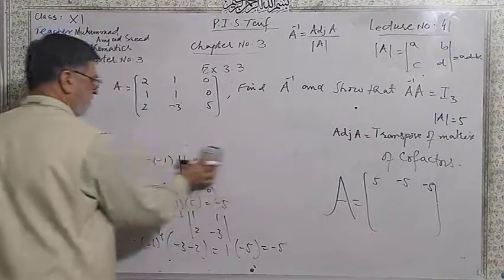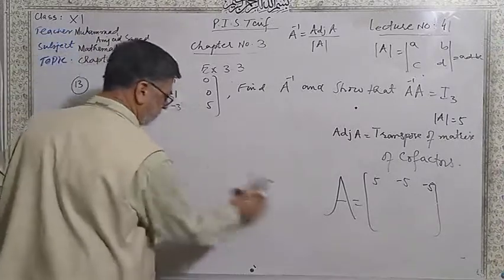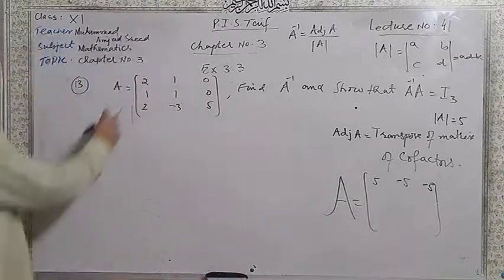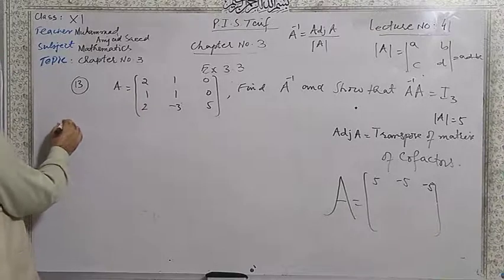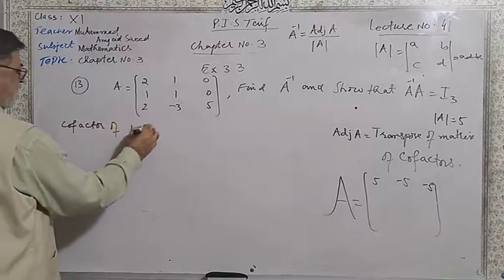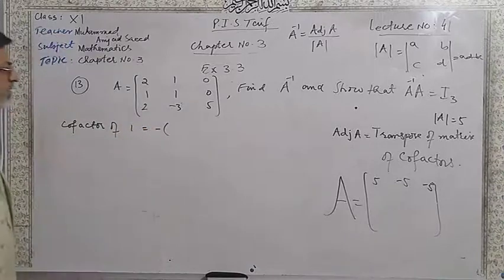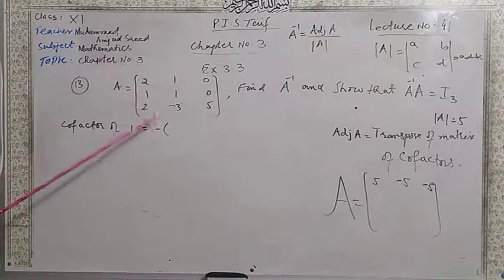Now keep in mind, we have the signs plus, minus, plus and then minus. So the cofactor of 1 is minus. Remember that now I am going directly with the simplest way.